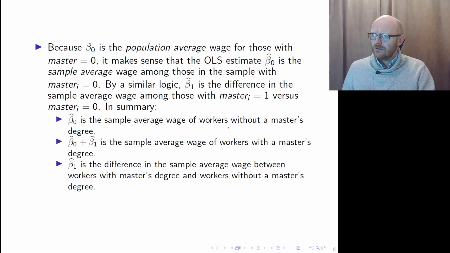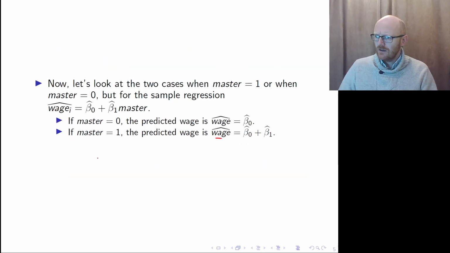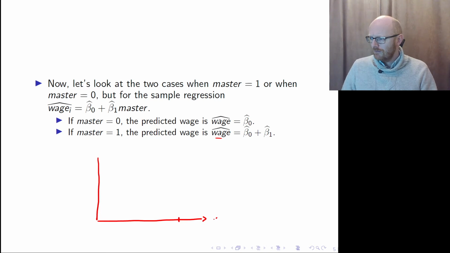Let's see, I can show this kind of graphically. If master is here and wage is here, then we have 0 and 1, and we have some data, and most of the data is around here.